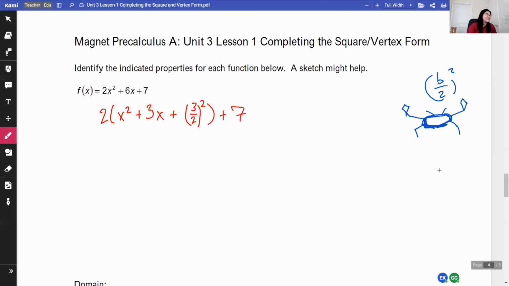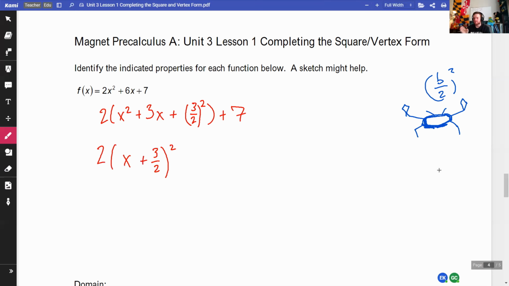Anyways, so we have 2, and then this is a perfect square trinomial of x. Now 3 halves is our b. When we factor, we don't really need to actually factor this thing. We've set ourselves up to factor it.